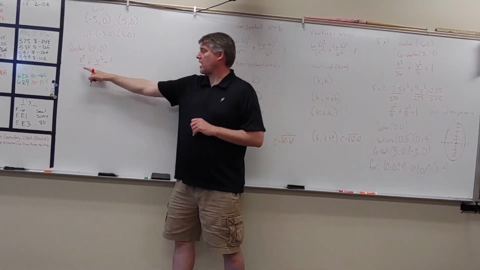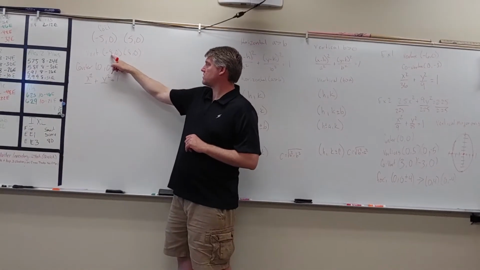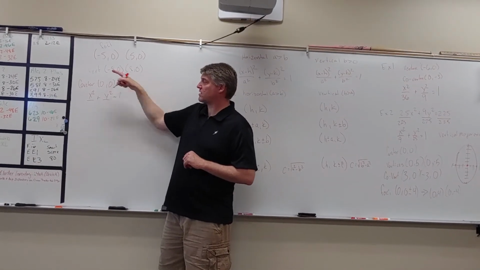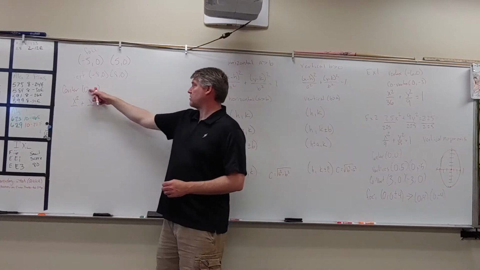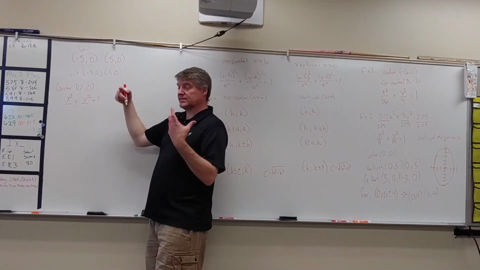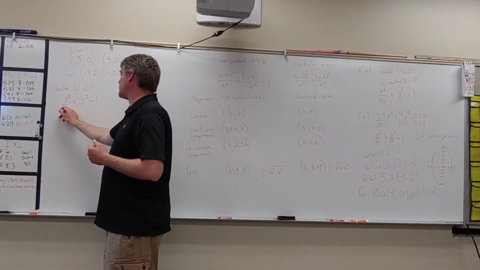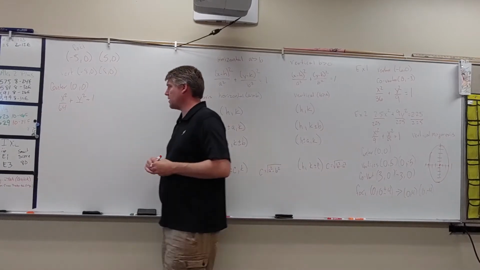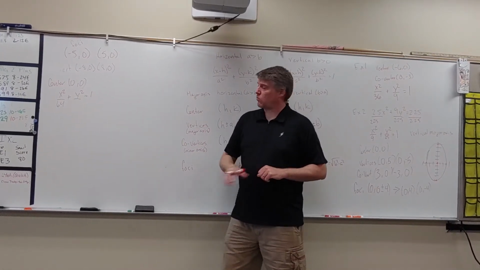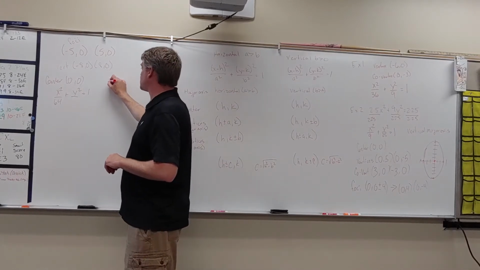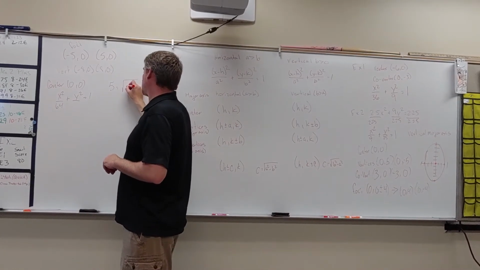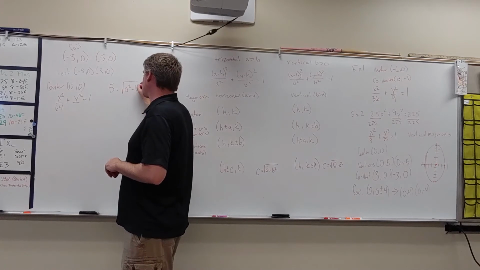Well, I already have a, because what I can do is take the distance from my center out to my vertex, and square it. So the distance from 0 out to -8 or 0 to 8 is 8. I square it, that gives me 64. Okay? So now I have a little bit of work because I have to find what b is. Well, remember, c is equal to the square root of a squared minus b squared.